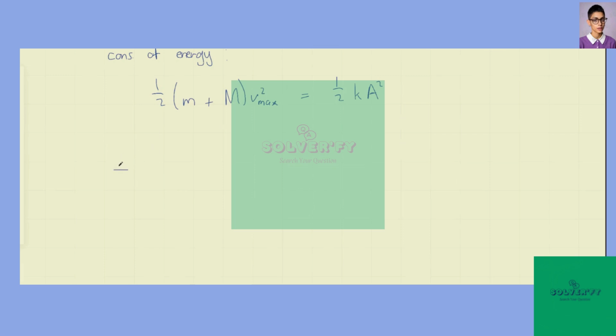Now, using the expression for v max from above, we get half (m plus big M) times (m over (m plus big M) times v0) all squared equal to half K a squared.